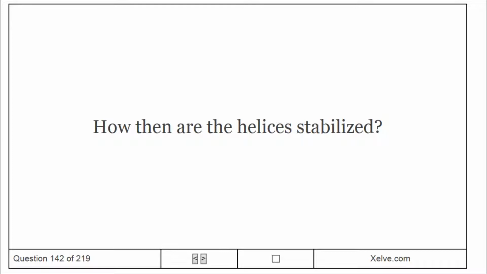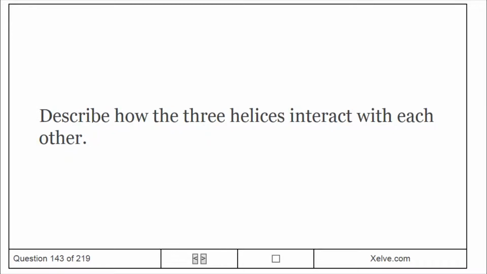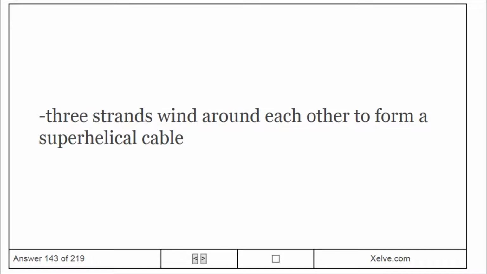How then are the helices stabilized? By steric repulsion of the pyrrolidine rings of the proline residues. Describe how the 3 helices interact with each other. 3 strands wind around each other to form a superhelical cable.